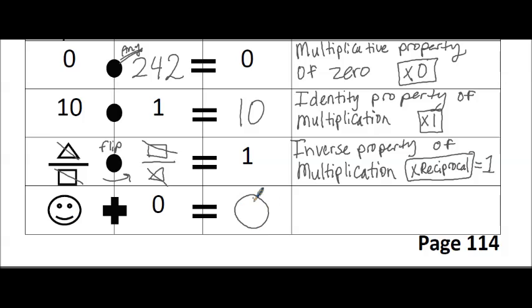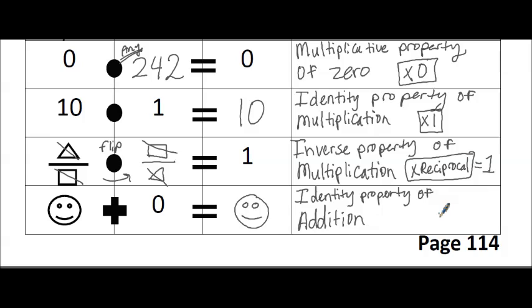I don't care what I'm adding 0 to, 0 doesn't change anything. So if I have smiley face and I add 0 to it, I'm going to still have smiley face. So I did not change the identity of that smiley face emoji, and we're going to use the identity property of addition, because adding 0 doesn't change the identity of whatever we're adding 0 to.